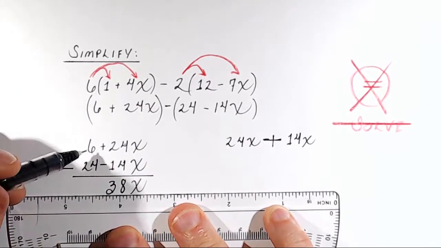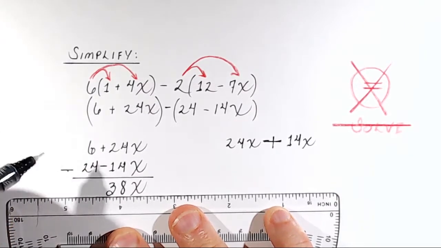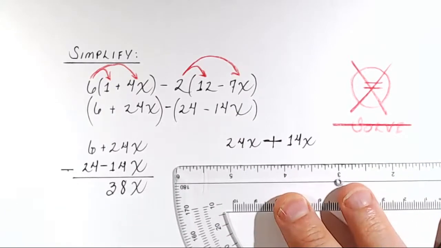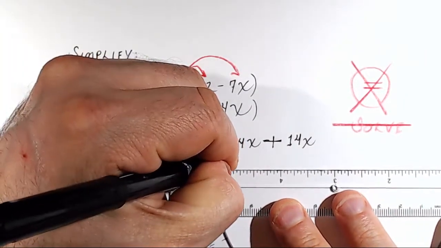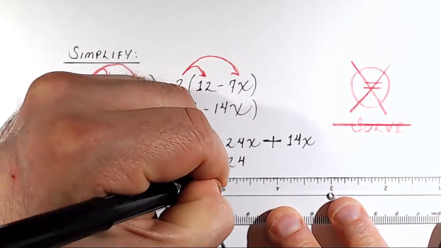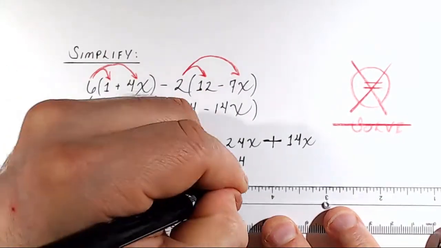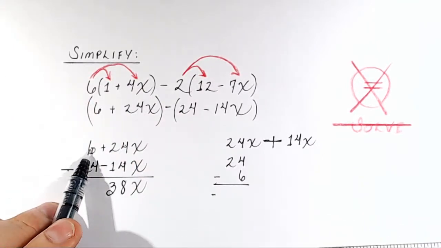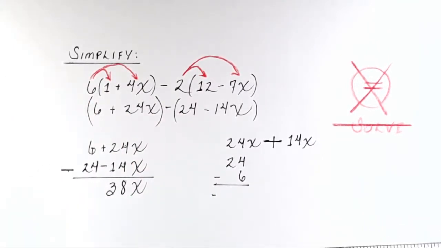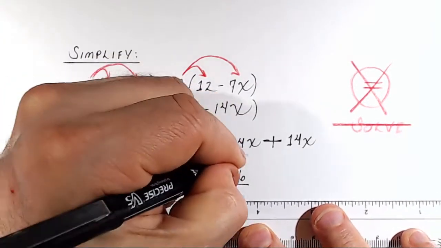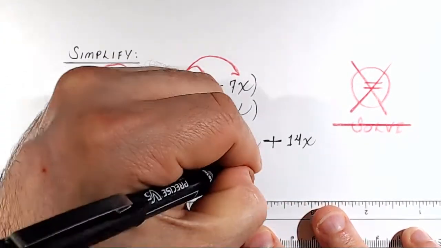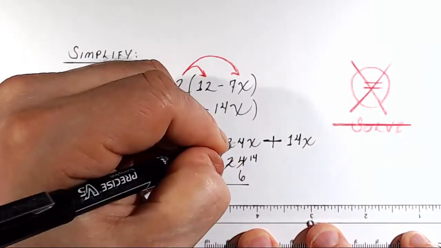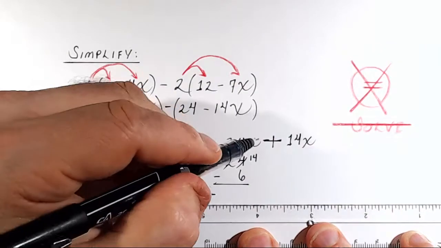And now I do this, 6 minus 24. What is 6 minus 24? Well, 6 minus 24 is the same thing as saying 24 minus 6, but keeping in mind that the result will be negative because it's actually 6 and then we're taking 24 away from 6, so we're going to be in the negative territory. So we'll do this subtraction. This is 14 minus 6, and 14 minus 6 is 8.